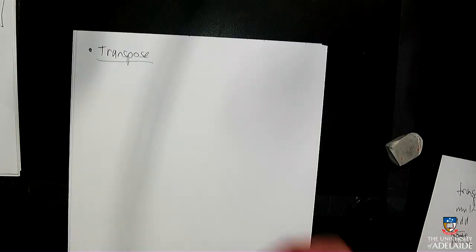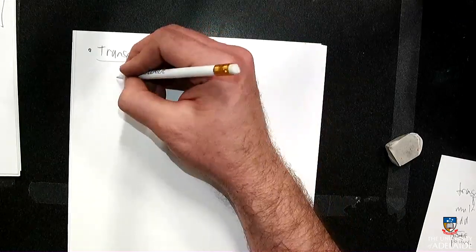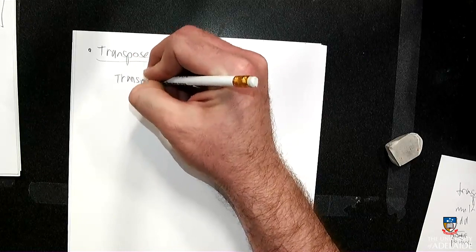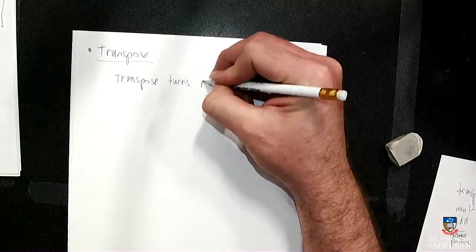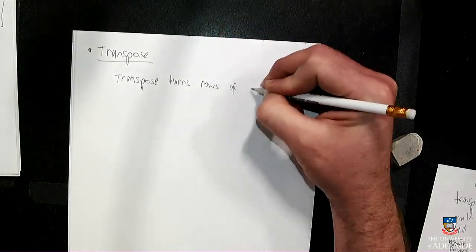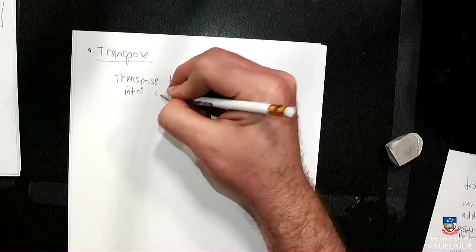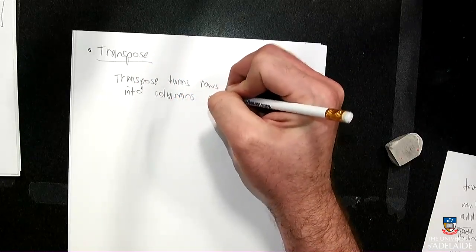So, transpose switches all the rows for columns. So, it turns the rows of a matrix into columns and vice versa.